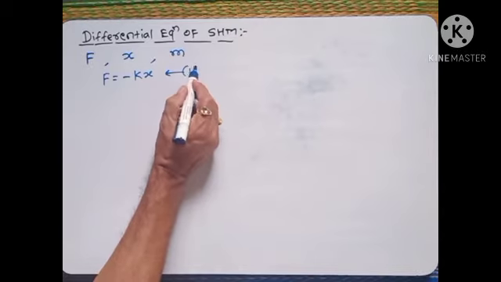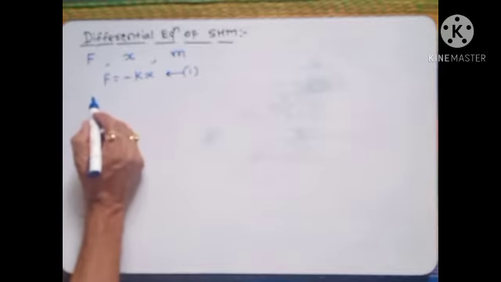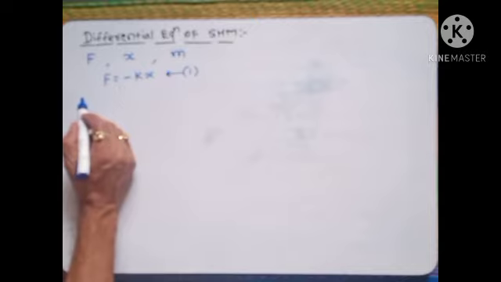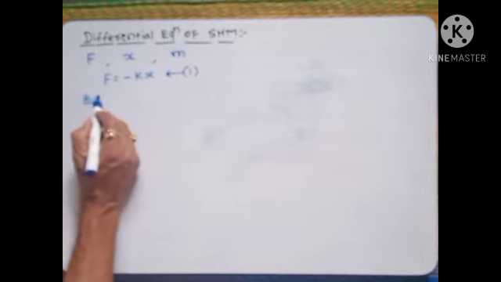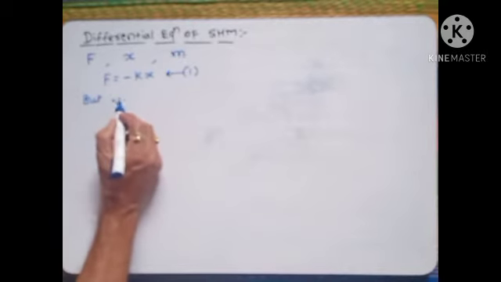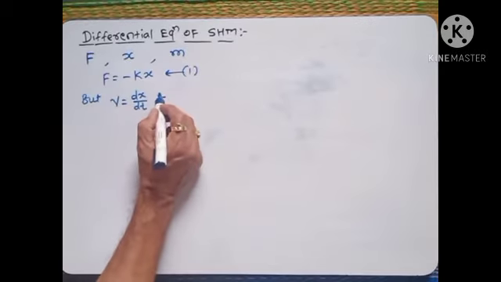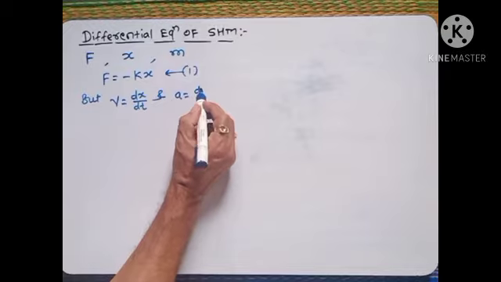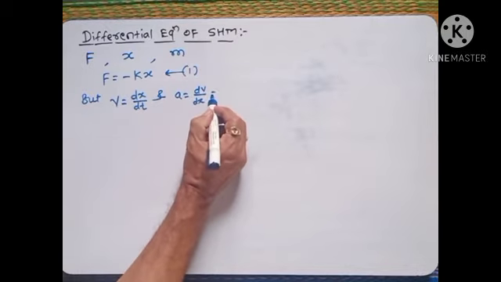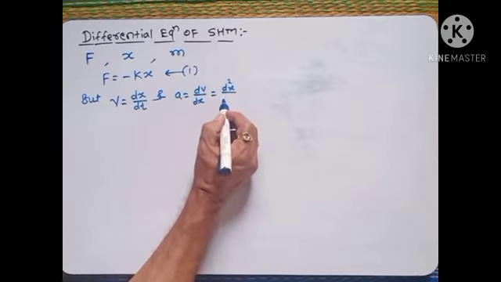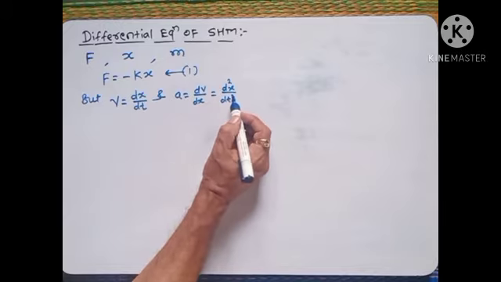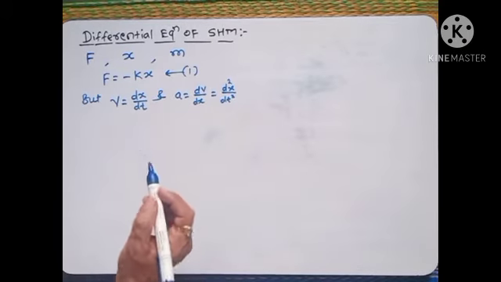Suppose this is equation number 1. But v equal to dx by dt, this is the velocity, and a equal to dv by dt, which is equal to d2x by dt2, this is the acceleration.